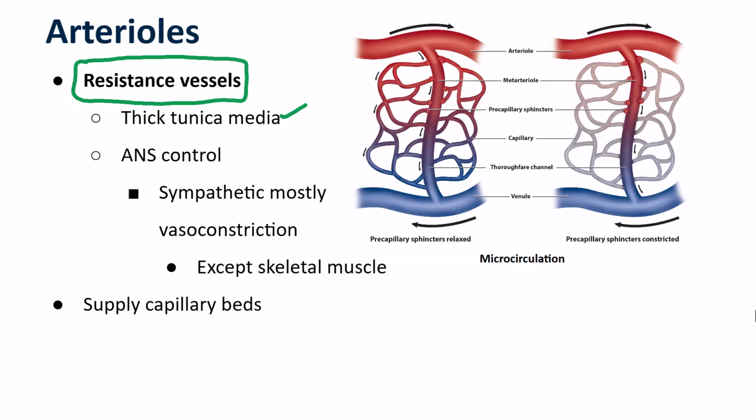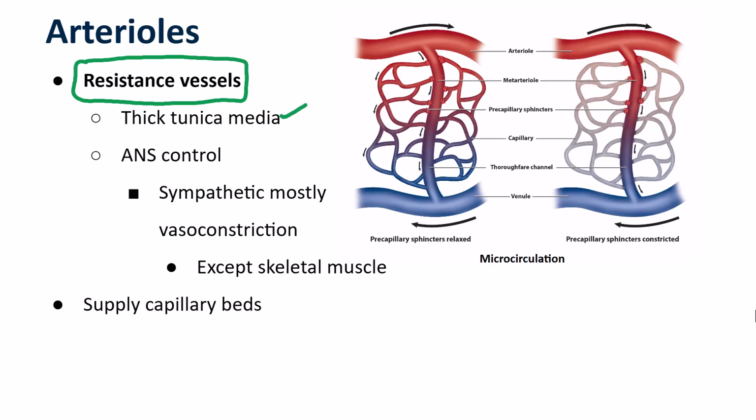Now, there are different types of receptors. There are alpha and beta adrenergic receptors, and these are influenced by norepinephrine and epinephrine. And typically, during a sympathetic response, there's vasoconstriction. And that's largely modulated by the alpha receptors.